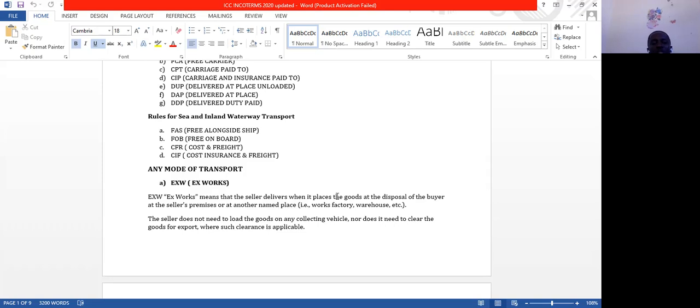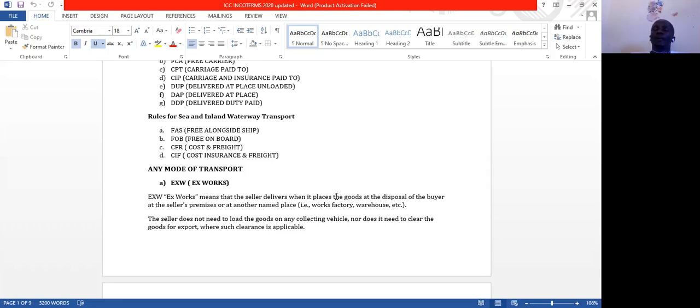The seller does not need to load the goods on any collecting vehicle, nor does it need to clear the goods for export where such clearance is applicable. Get this one clearly. In Ex Works, what the seller does is simply to avail the goods in a sellable condition.